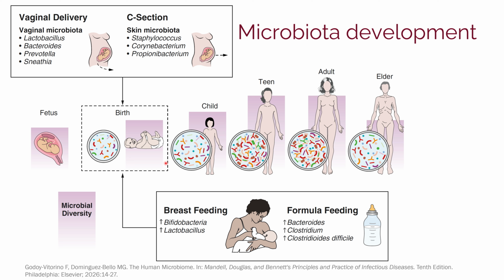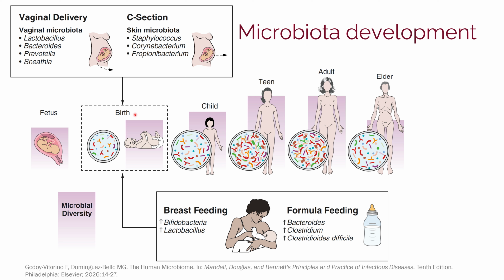And of course, throughout life, there is variation to the microbiome. It is essentially affected by lifestyle, diet, and other things such as drugs. At birth, through vaginal delivery, the baby will be exposed to vaginal microbiota, hopefully a healthy vaginal microbiota, which includes lactobacillus species.